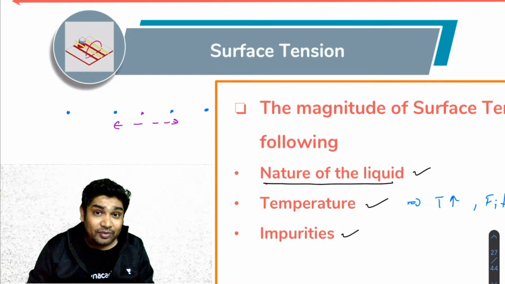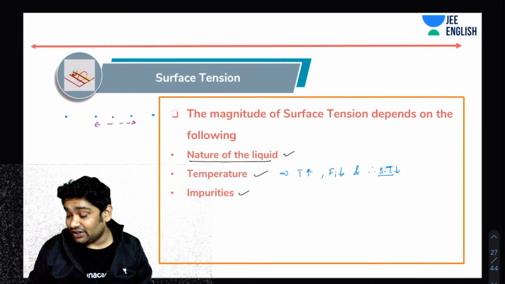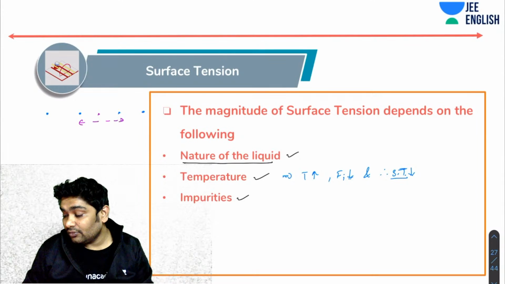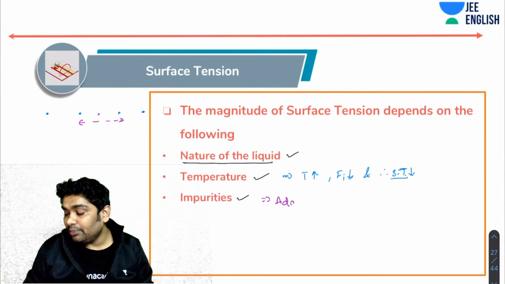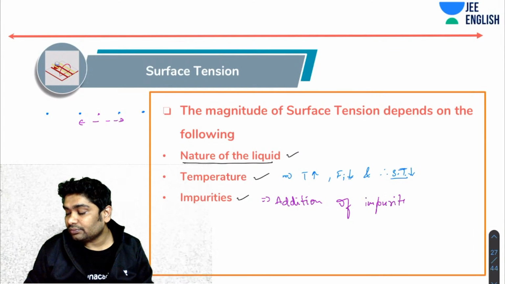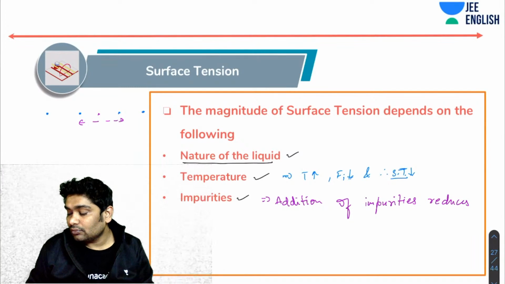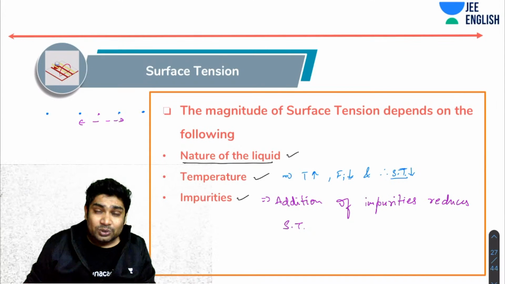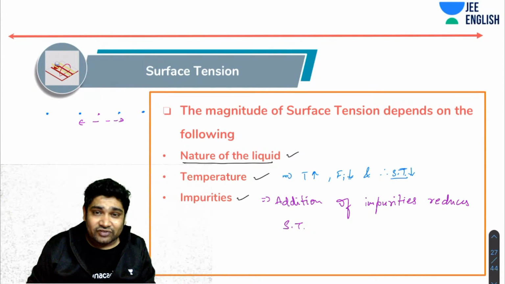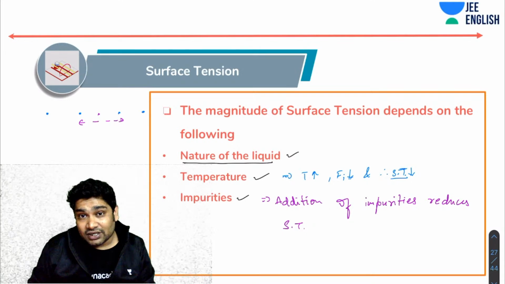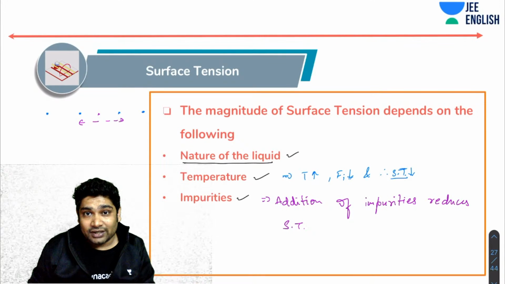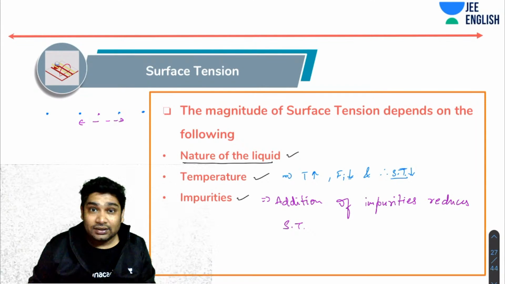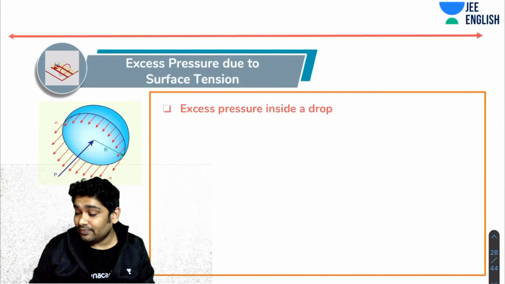So addition of impurities reduces surface tension. These are the factors on which the force of surface tension depends: nature of the liquid, temperature, and content of impurities. The greater the amount of impurity added, the lesser is the force of surface tension.